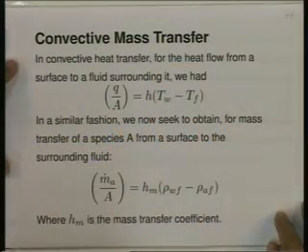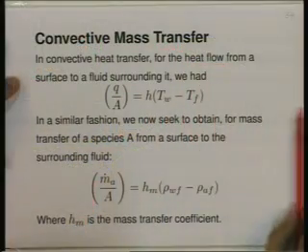If we compare what we have done so far in mass transfer to the processes of heat transfer, you would have noticed that so far we have looked at situations which were similar or analogous to situations of heat conduction. Now we move on to situations which are likely to be analogous to situations of convective heat transfer. So we now look at convective mass transfer.